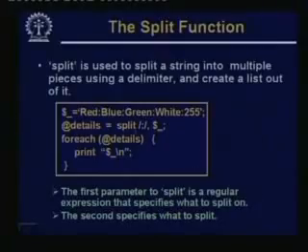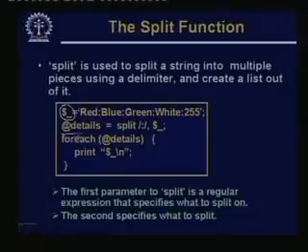Suppose you assign the string to a variable, say $ABC, then whenever you want to refer to the string, you should mention the name $ABC. But with $_, which is considered the default, in many operations it is not required to specify the name of the string. By default it will be assumed that the string is stored in the special variable $_. So in these examples we have considered that $_ is the place where you are storing the string.